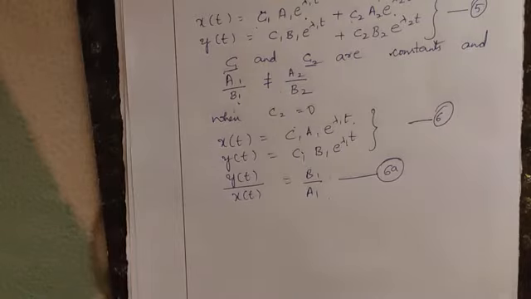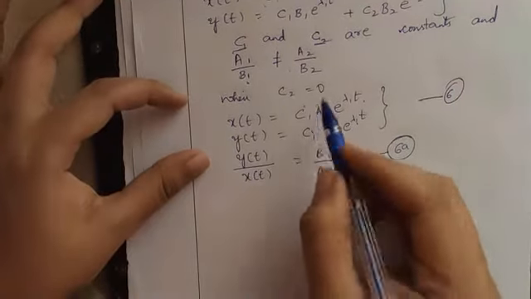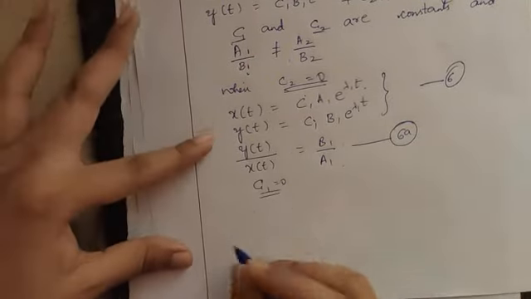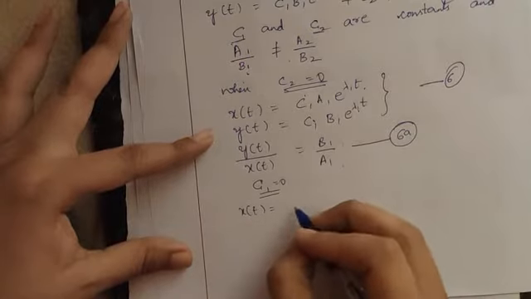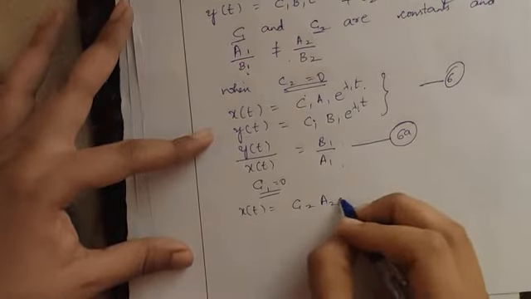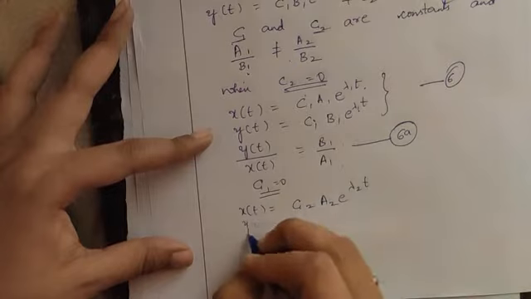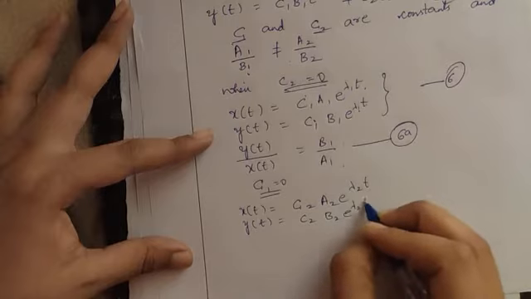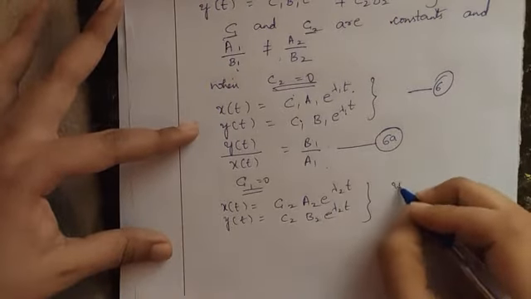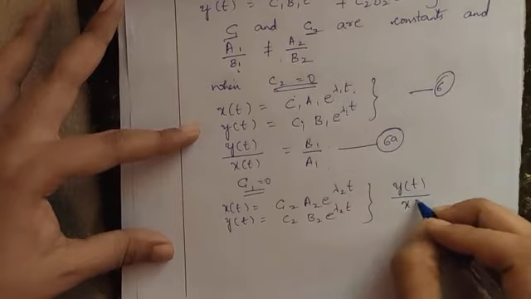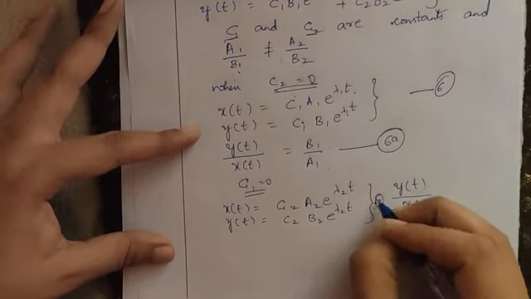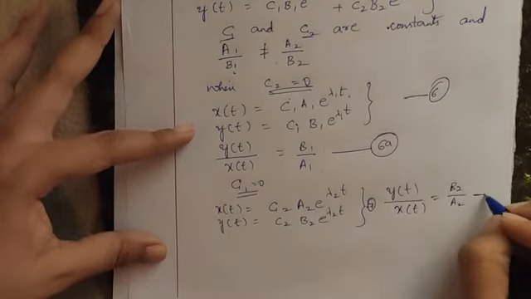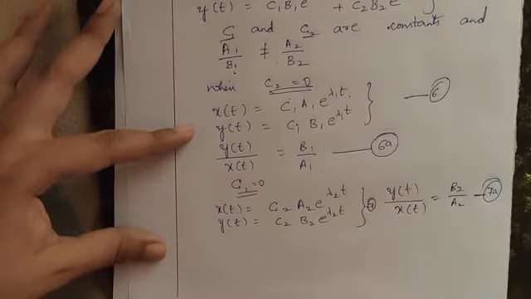Similarly, this is in the case of c2 is equal to 0. If c1 is equal to 0, what will happen? x of t is equal to c2 a2 e power lambda 2t and y of t is equal to c2 b2 e power lambda 2t. From these two I can write y of t by x of t, call this as equation number 7, will be equal to b2 by a2. I will call this as equation number 7a.